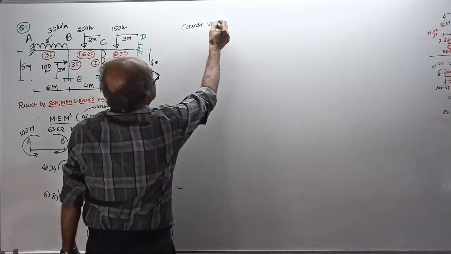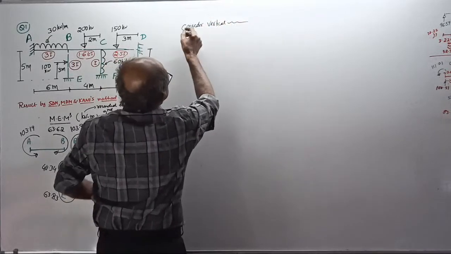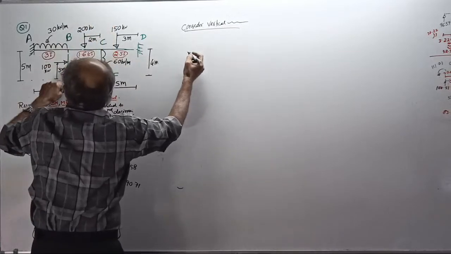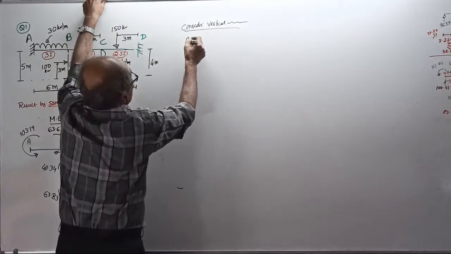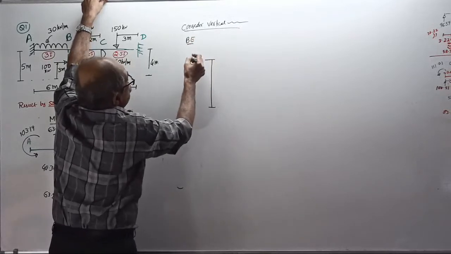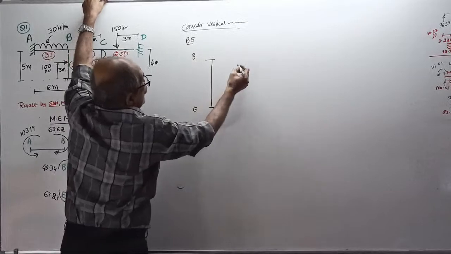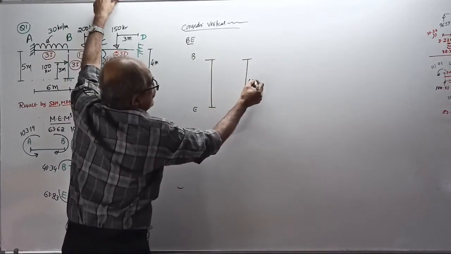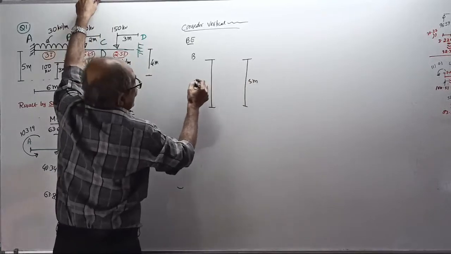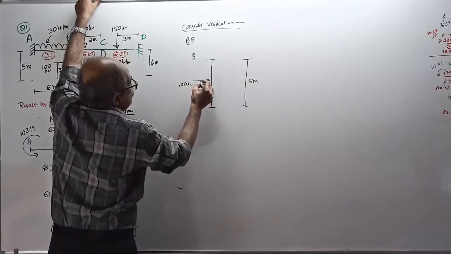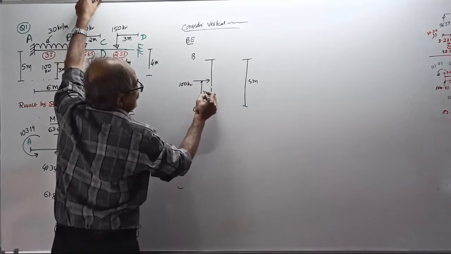vertical members. Now, remember, first consider BE or EB. You can call it whatever you want, BE. See, this is B, this is E. The height of that member is 5 meters. There is a point load here of 100 kilonewton at 3 meters from here.